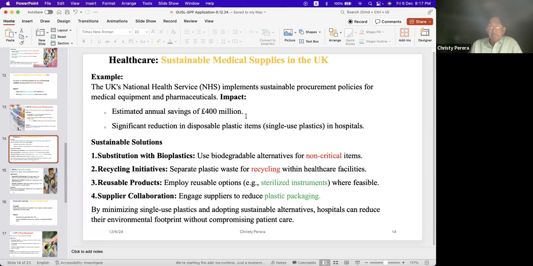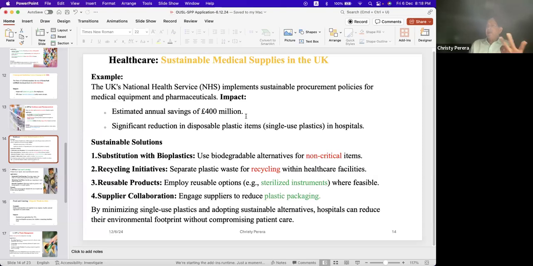Supplier collaboration. Engage suppliers to reduce plastic packaging. That is, we'll have to discuss with the supplier. Plastic packaging you'll have to remove very soon. I don't know what packaging they will have to use, but in the case of sustainable procurement, I strongly recommend removing plastic packaging.